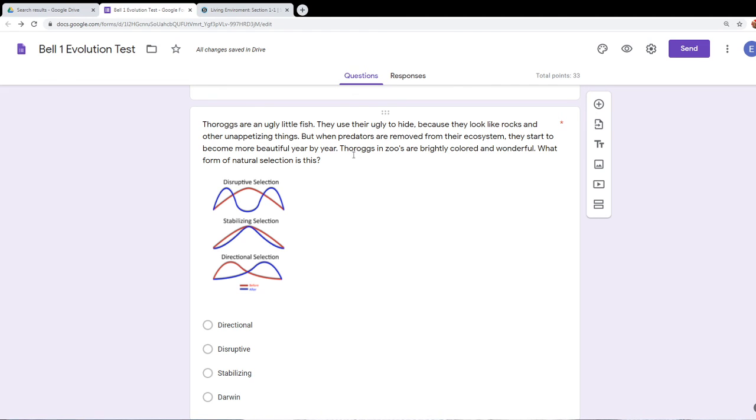Is that directional selection like you see in this bottom graph, where one is being changed over into a new one? Is it disruptive, where the original good is gone and now we have two new traits? Is it stabilizing, where whatever the norm is, everybody becomes that norm? Or is it Darwin, which isn't a form of selection and better not be your answer?